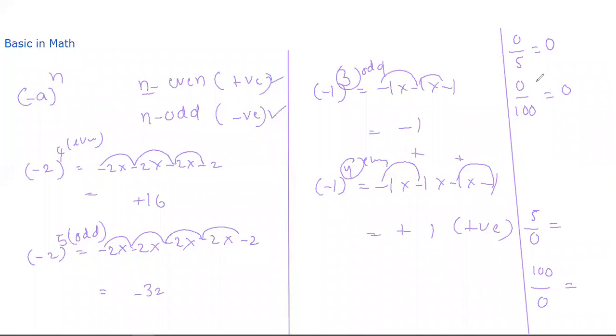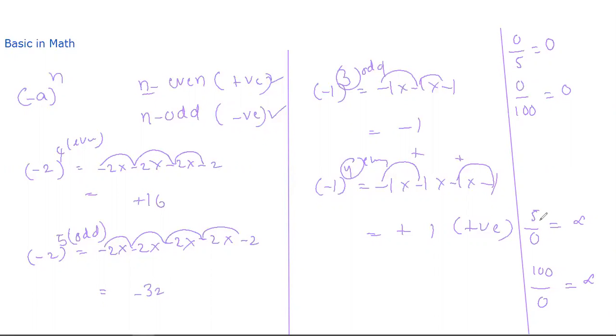Here most students get confused. 5 by 0 is undefined, or we can write infinity. Here also 100 by 0 is undefined, or we can write infinity. But why? Because if we see 5 by 0, if you multiply 0 like 1000 times, 0 into 0 into 0 into 0, we cannot get 5.